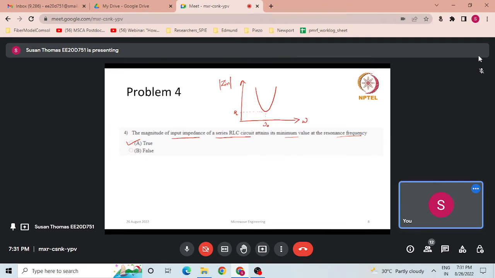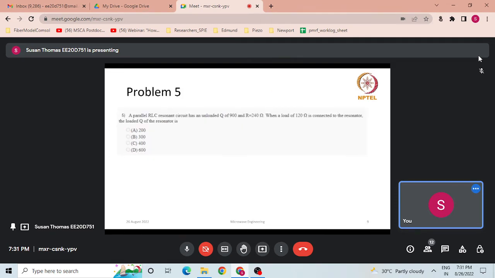Now going to the fifth problem. A parallel RLC resonance circuit has an unloaded Q factor of 900 and R is equal to 240.